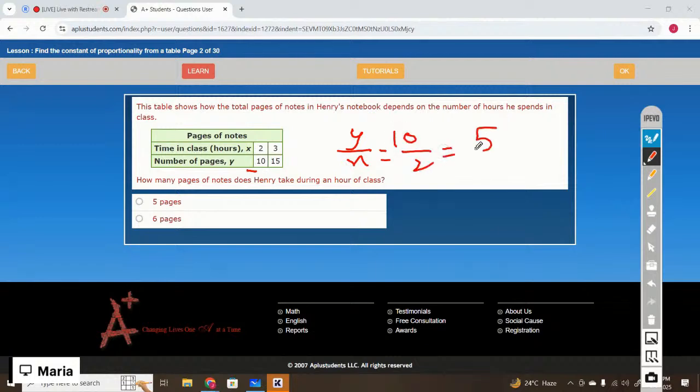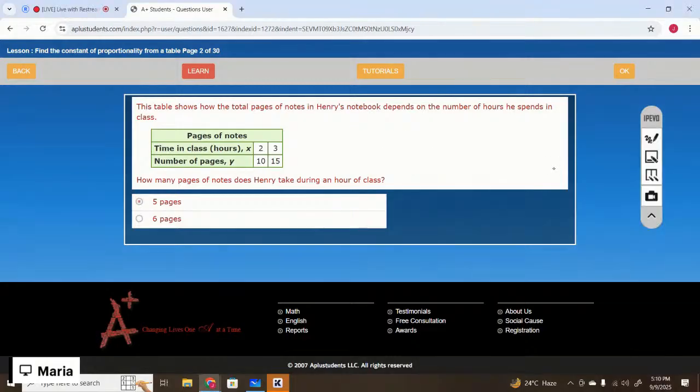That is 10 over 2 is 5. Then 15 over 3 is 5. So the correct option is 5 pages. Option number 1 is the correct option.